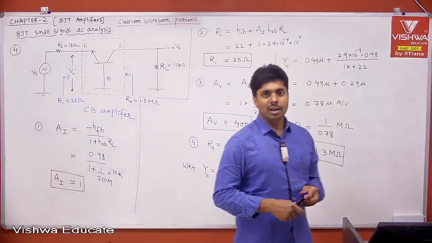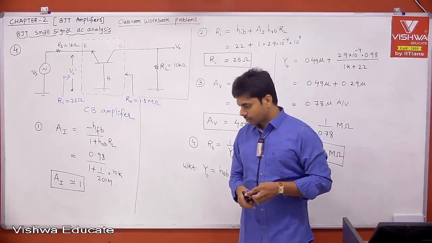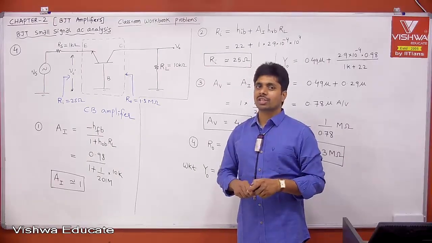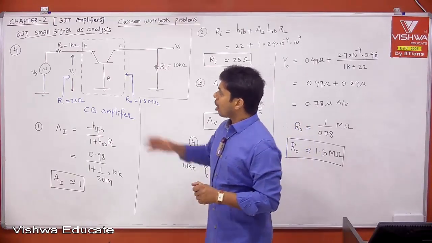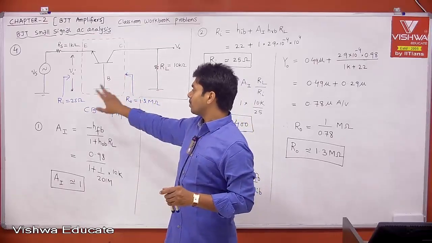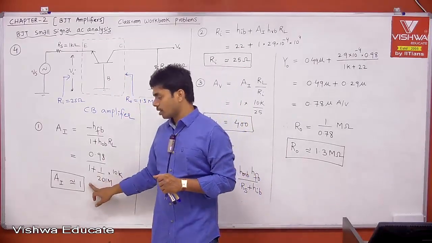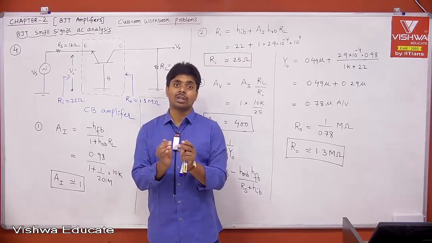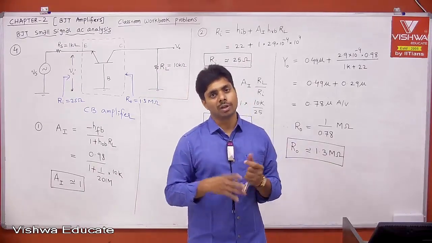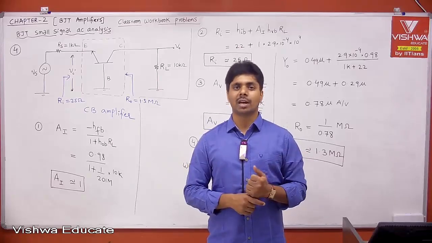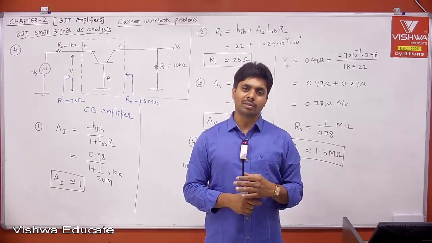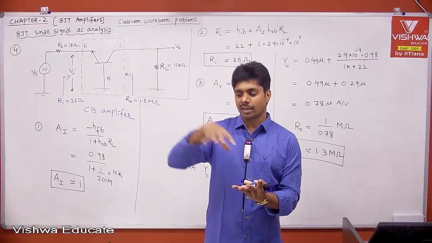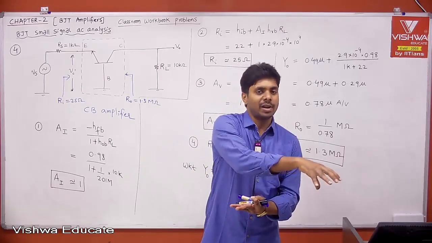From overall observations, what is your conclusion? The conclusion is your common base amplifier is providing very good impedance matching for current amplification, but current gain is 1. If you take a common emitter amplifier, you have current gain 40, but there is no impedance matching for current amplification. Then what we can do is use the common emitter amplifier as the core amplifier to get current gain, with a CB amplifier at the input stage and a CB amplifier at the output stage.